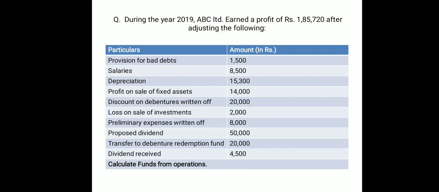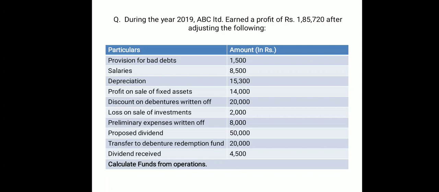Next, discount on debentures written off, this is again non-operating, so we have to add back. Then loss on sale of investment, again non-operating, so we add back. Then preliminary expenses written off, this is again non-cash, so we add back.